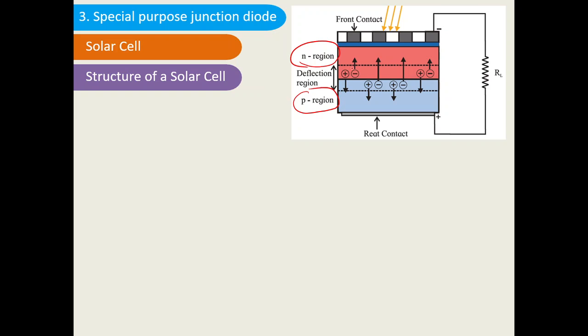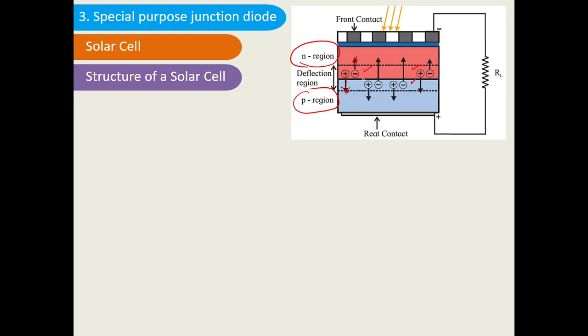The depletion region is here, and because of the light falling on the depletion region, there is a formation of electron and hole pairs. Now what happens is that the holes will be pushed towards the P region, and the electrons will be pushed towards the N region, coming out of the depletion region.